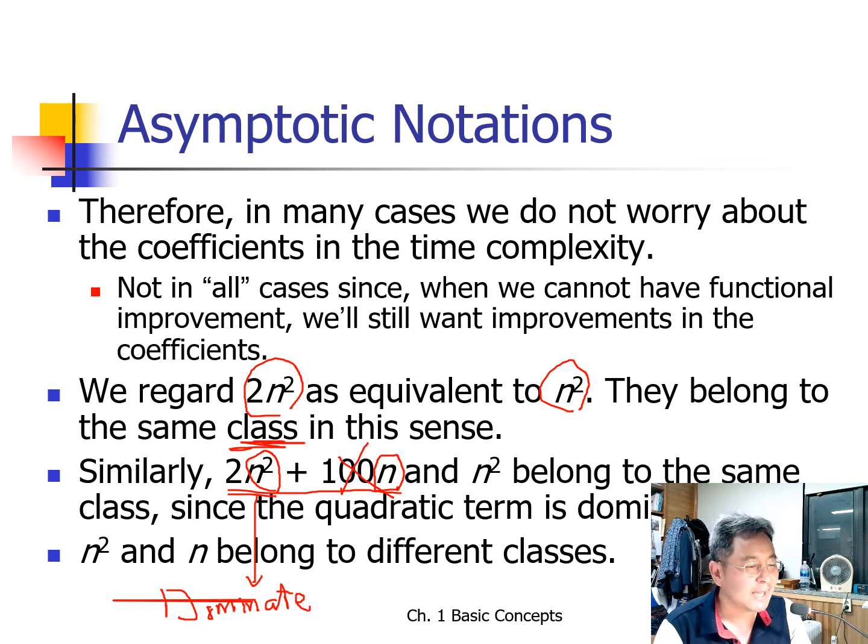So we can say that this total time complexity belongs to n square. Okay, so we only consider what is the class, the time complexity class, in the time complexity analysis.